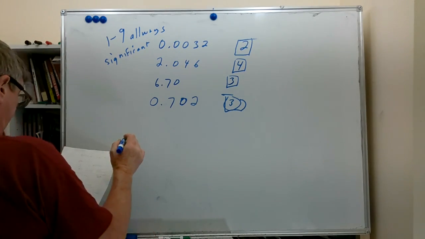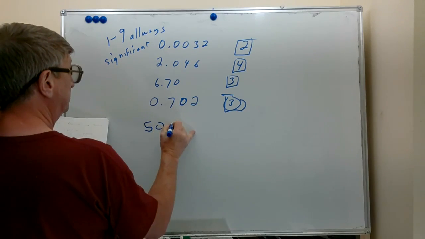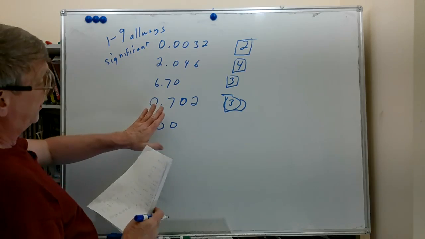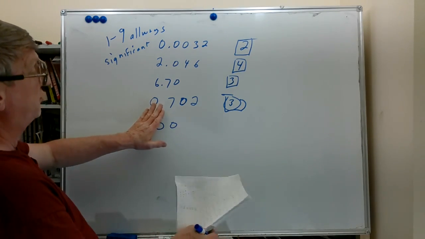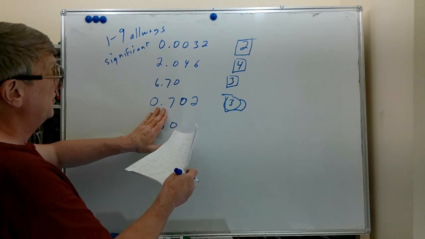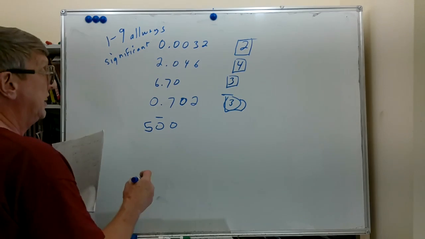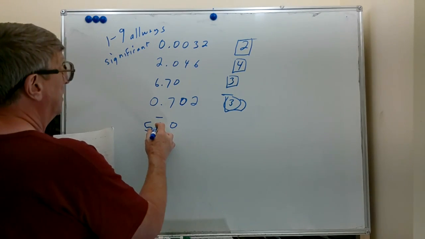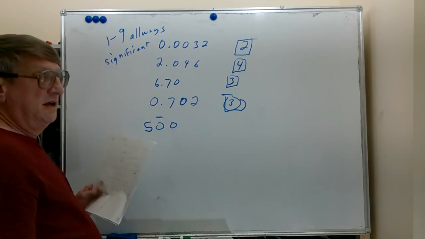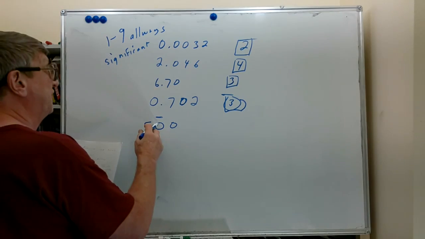Let's do one more here. Here's a whole number, a nice one. 5, 0, 0, and now we've got a bar over that 0. A 0 when it's the rightmost portion of the whole number is not a significant digit, and this one would not be either, but we've made a mark to tell the reader that this is a significant digit.